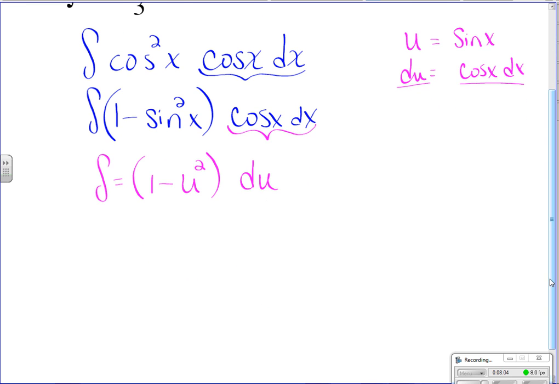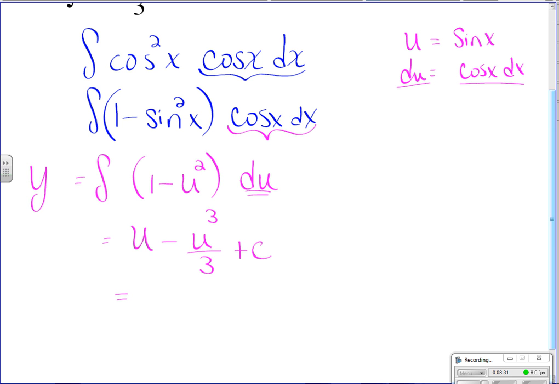Now integrate. Whoops, what's this equal sign doing here? We could say some function y is equal to, or y equals. Now, integrating this. The integral of 1 with respect to du will be a u, minus u squared will become a u cubed divided by 3, plus a c.